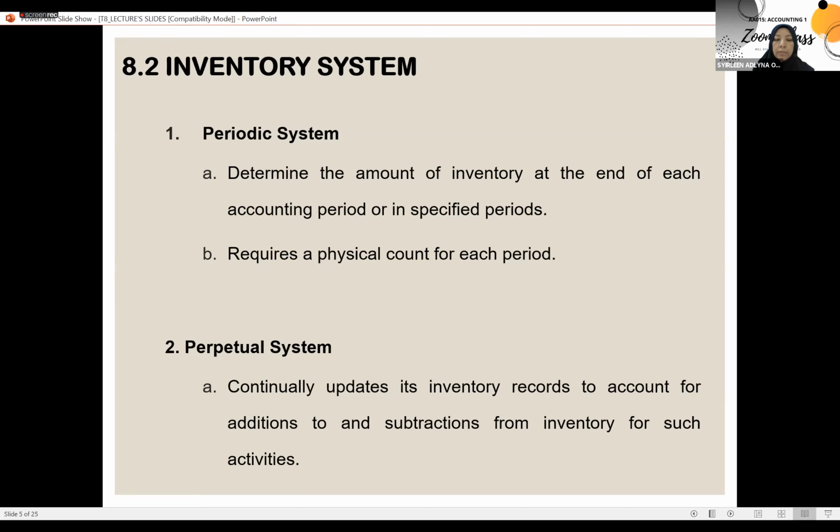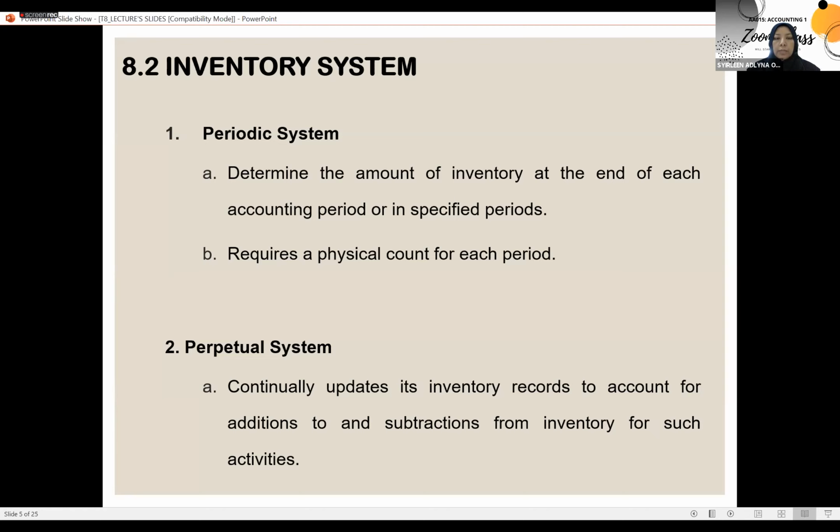Okay, so untuk perpetual ni dia continually updates. Continually updates, that means dia update setiap kali ada pergerakan dalam inventory, sama ada pergerakan inventory masuk atau pergerakan inventory keluar. So that means setiap hari di hujung hari sebelum saya tutup account untuk hari tersebut, saya boleh terus dapatkan update for my inventory.